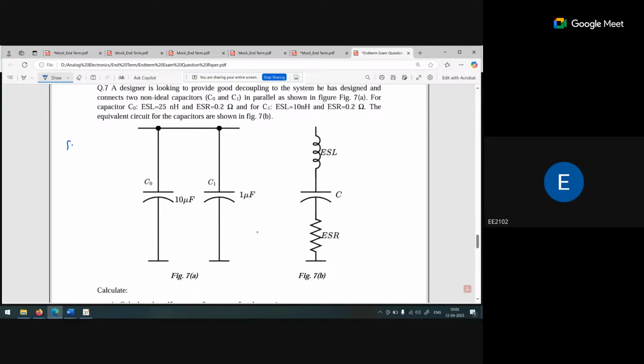You can calculate f is equal to 1 upon 2 pi root of LC. So for both capacitors you can use F naught and F1. Okay, any other doubts?